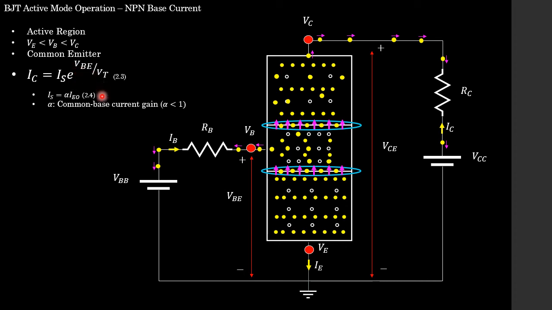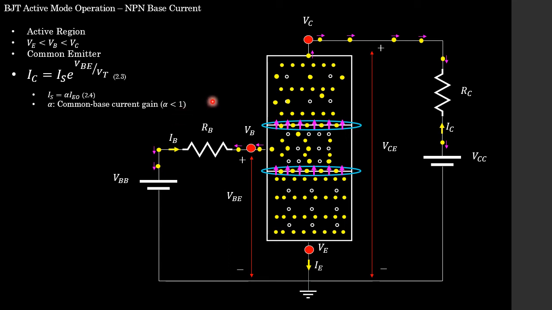And we can see that IS is simply alpha multiplied by IE naught, which is from the previous slide, and alpha is known as the common base current gain. And you'll get to know this common base current gain quite well, students, especially when you're trying to spec your transistor. It's very important to know what your alpha value is, and alpha is always less than 1.